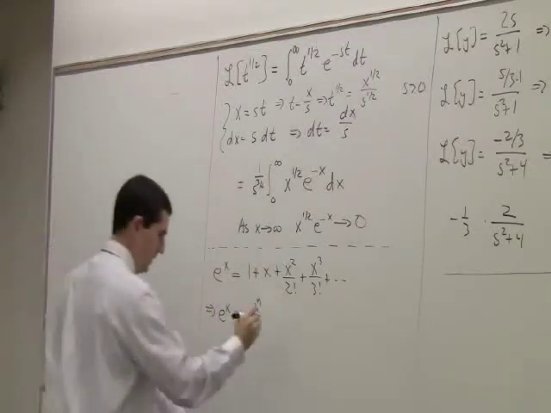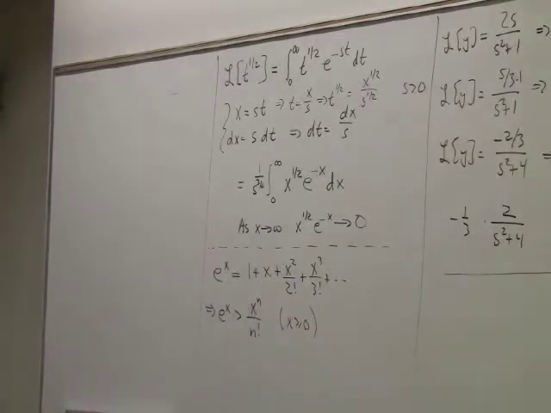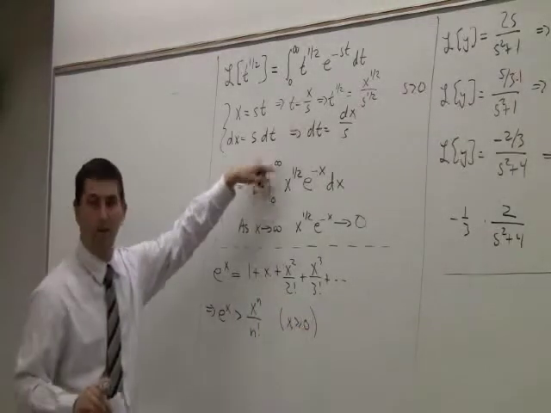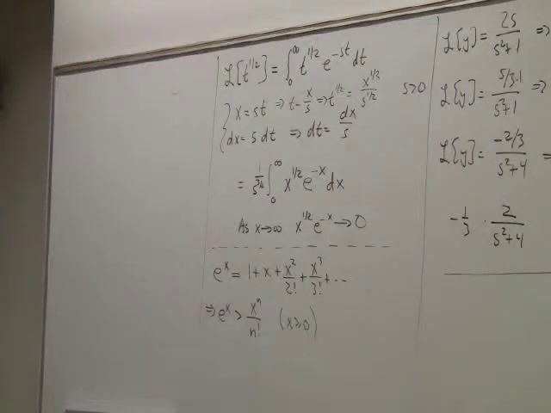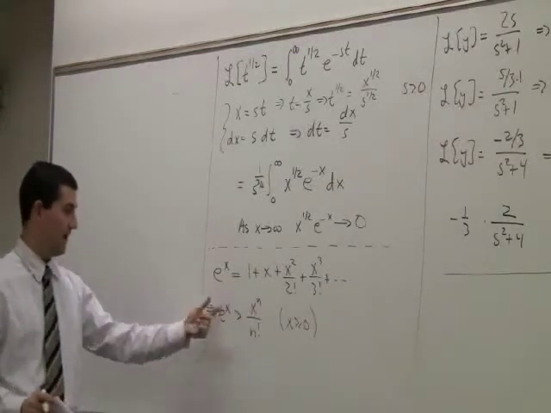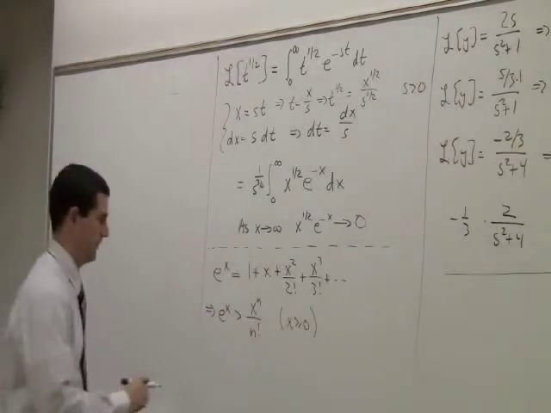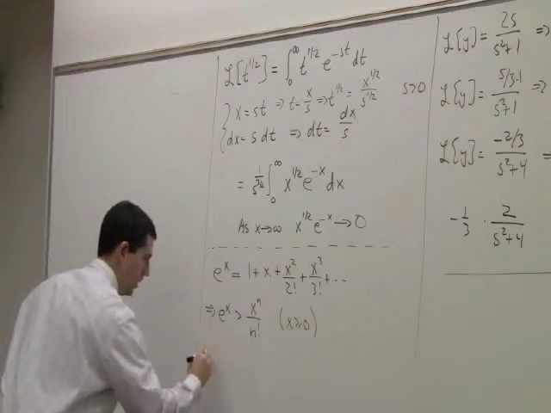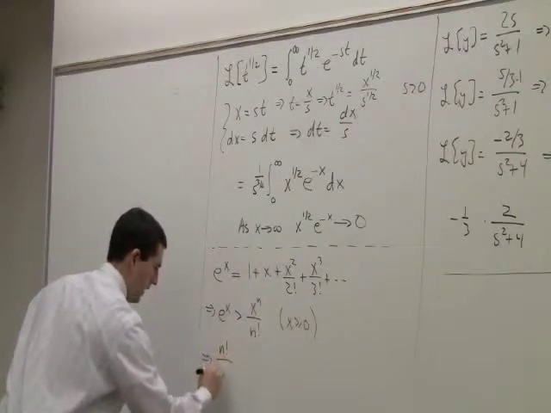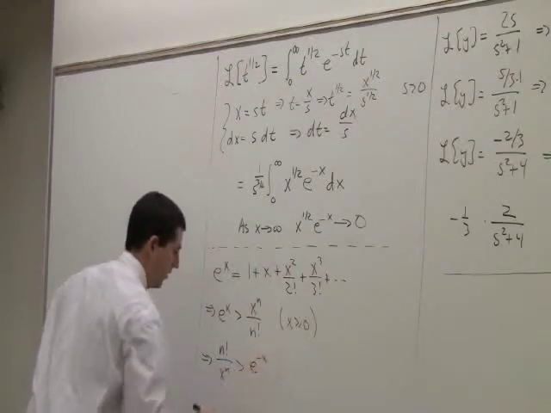This is assuming that x is greater than or equal to 0, which is fine because that's what we're interested in, 0 to infinity. So if I invert this, and invert that, then the inequality will reverse itself. So n factorial over x to the n will be greater than e to the minus x.